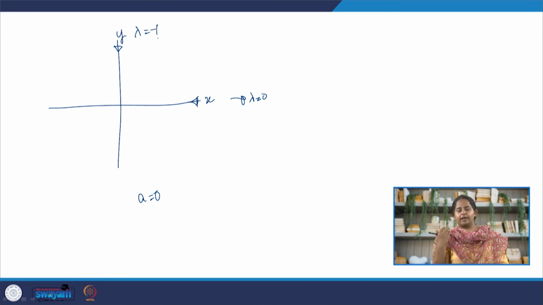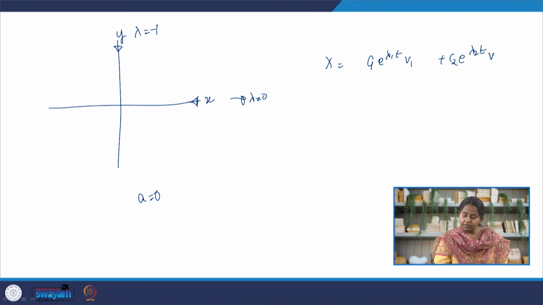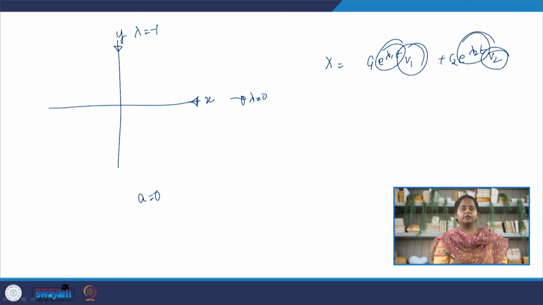Now, what happens when the eigenvalue is 0? Remember, I told you the eigenvalue gives us an idea of movement in a particular direction, because our net solution is basically C1 e^(lambda1 t) V1 plus C2 e^(lambda2 t) V2. So, in the direction of V1, lambda 1 is governing the growth. In the direction of V2, lambda 2 is governing the growth.